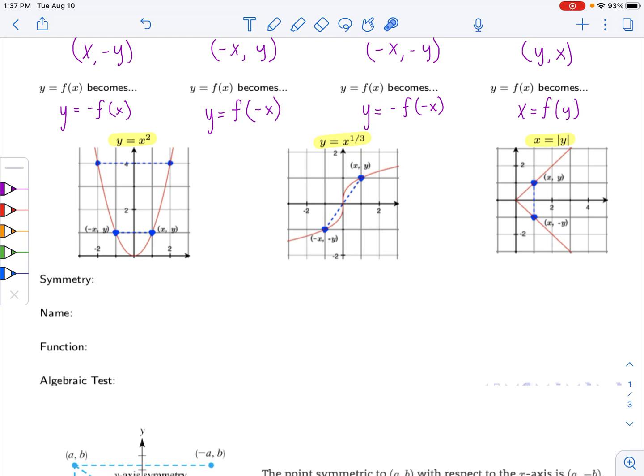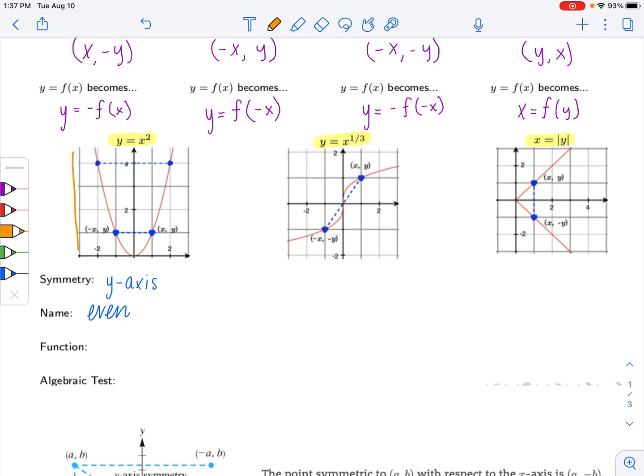So here, you can see that if I did that dashed line, it's symmetric with the y-axis. This right side, if folded on this line, will match up exactly with that side of the curve. Fun name for this is called even. Is it a function?